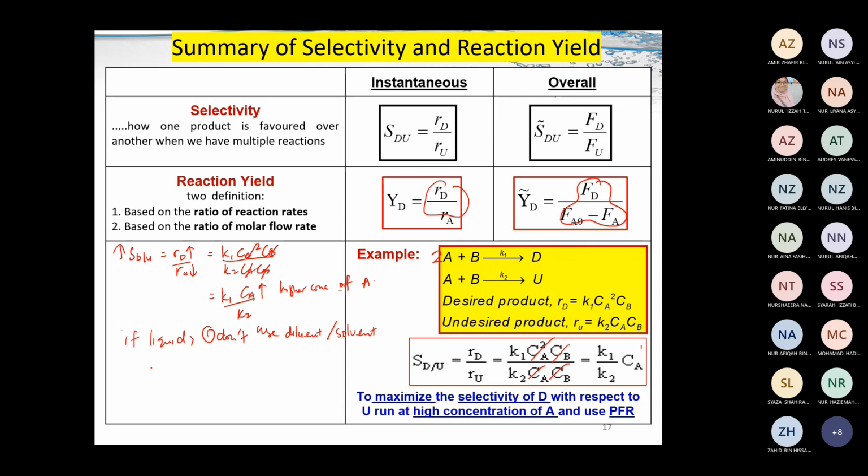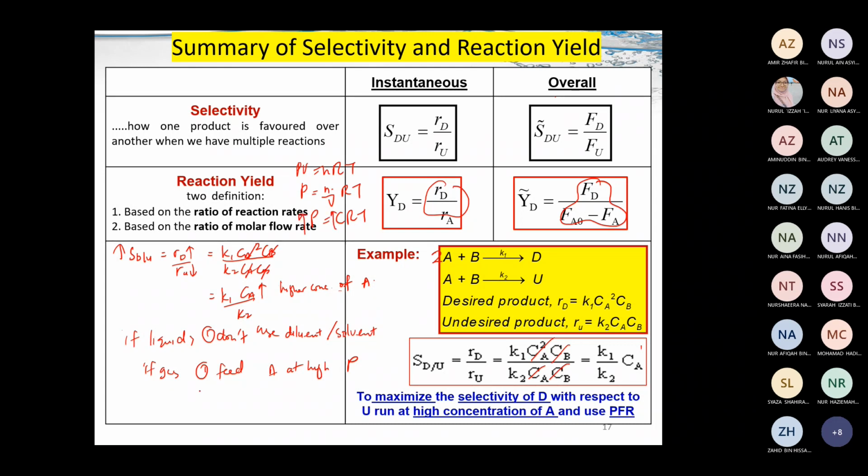But if gas pula, apa solutionnya adalah, kita kena ada feed A at high pressure. Sebab kenapa? PV is equal to nRT. P is equal to n over RT, so this one is CRT, concentration. So kalau kita increasekan P, concentration akan increase.